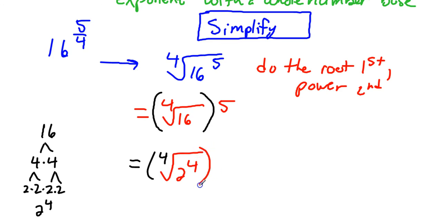So if you think about 16 as 2 to the 4th power, this 4th power and this 4th root would cancel each other out. And that would just leave you with 2.